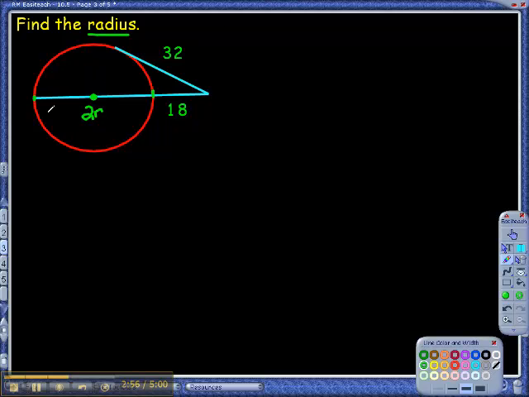So when I talk about the secant segment, the whole secant segment would be our 2r plus the 18. The product of that and its external segment, so times our 18, should equal, and now I've got just a tangent segment, so it's going to be that tangent segment squared, because I don't have an external part. That's the whole tangent segment.